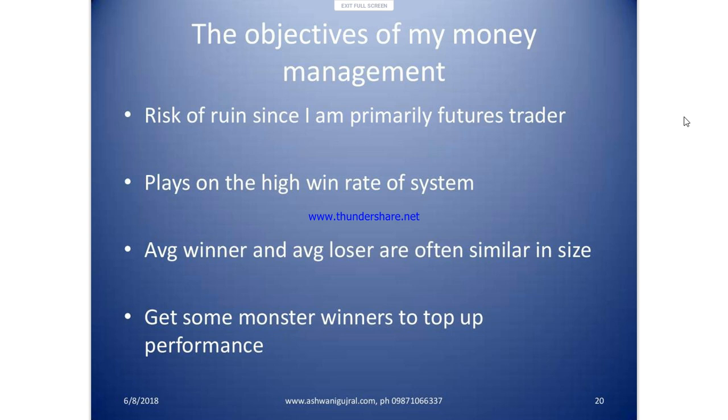Average winner and average loser are often similar in size, because there are monster winners, there are some winners also. So the idea should be, when the market is kind, you try to make it large. When the market is sideways, you tend to go slow. You can change your volume also when the markets are sideways.